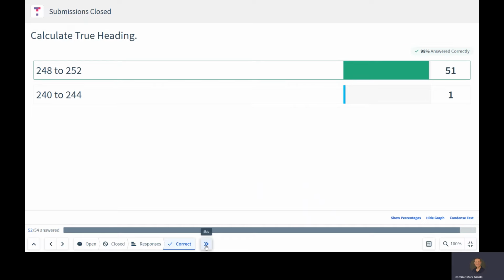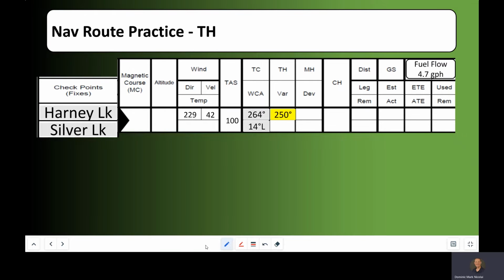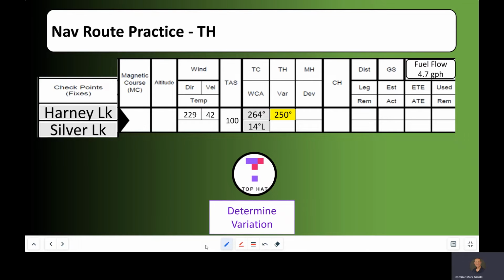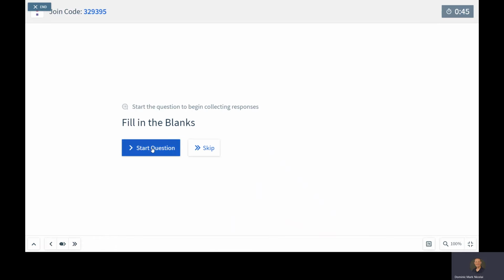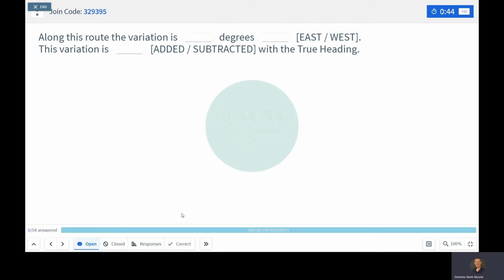That is the correct answer. Our next bit's going to be to find our variation here. So using your chart, go ahead and determine the variation. So number of degrees, whether it's east or west, and do you add or subtract?